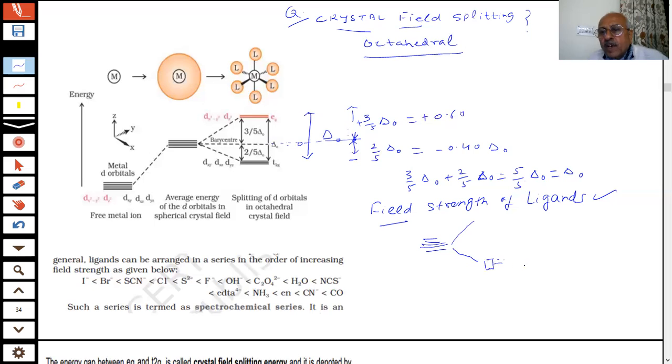There is a splitting, just to show you. This is your t2g, and this is your eg. This is my delta 0, octahedral splitting, crystal field splitting. And if you have a weak field, then what will happen, student? This energy gap will become less.